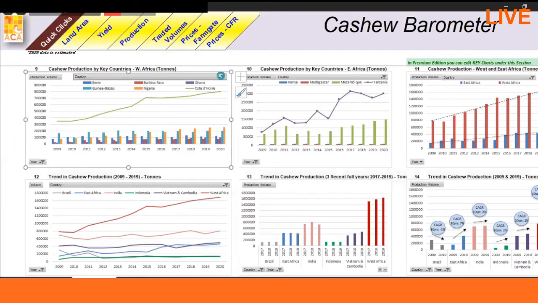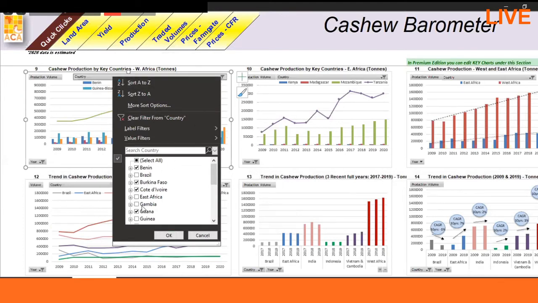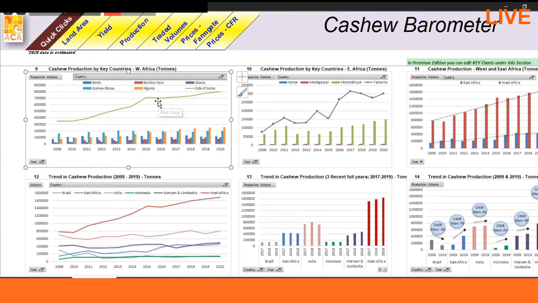Again, you use the same functionality to determine which countries you want to show. Brazil, any other country you want to add, you can easily select and add. So we show it also always for West Africa, East Africa, and then a comparison of the East and West regions.